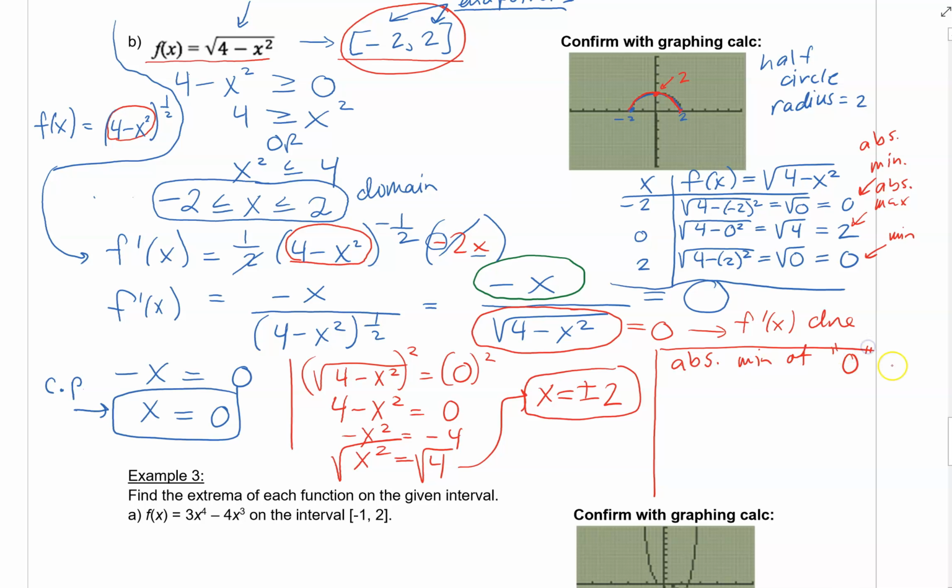That's the lowest the y value goes, and that was at the x values of positive and negative 2. And then it also has an absolute max, and the absolute max is equal to 2 when x was 0. So this function basically has a very limited range and a very limited domain. And so that's our answer for example 2b.